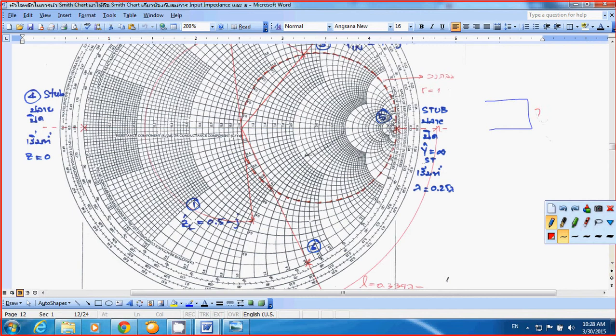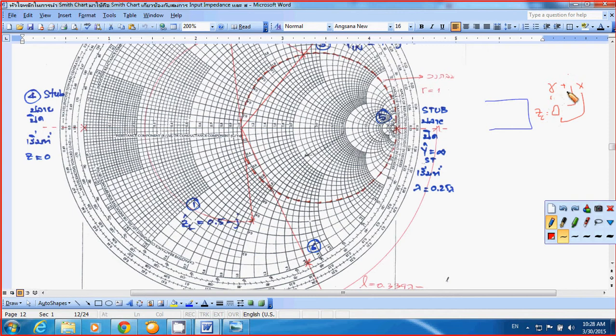Let's start with the ZL. We're talking about a short circuit. Your ZL equals what? ZL equals 0, correct? Both the real part and imaginary part become 0. This is R, sorry, and this is X. They both equal 0, 0. So where is the position on the Smith chart?